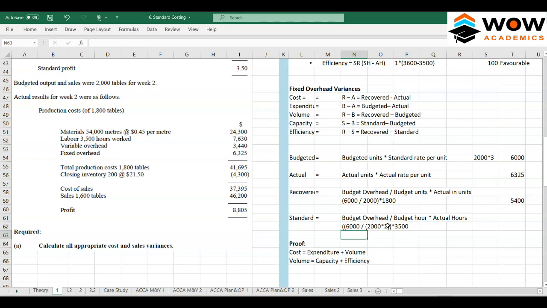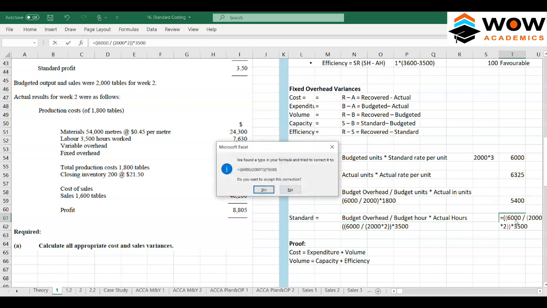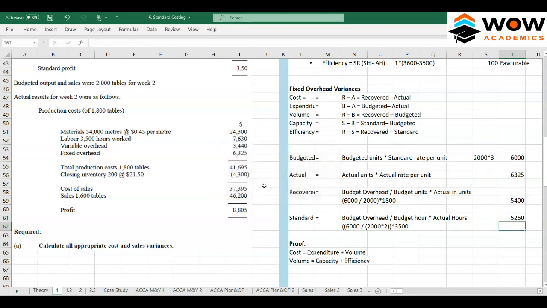First it is going to be 2000 into 4000, and 6000 divided by 4000. So we'll get 1.5. 1.5 into 3500, so that too should be the answer. 3500 into 1.5 will give you, I think, 5250. Let's see the answer. Right, 5250. So now we got the basic numbers.